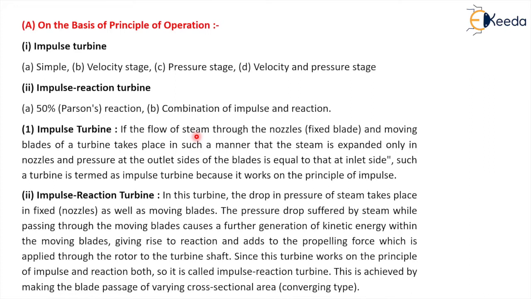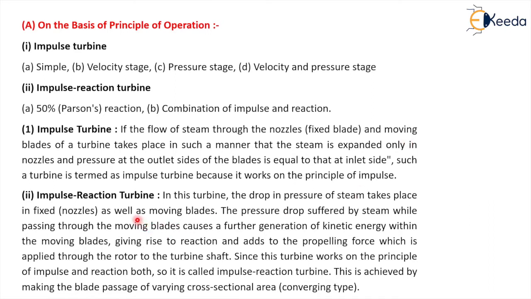So high velocity steam will impinge on the moving blade. Because of that, there is a change in momentum and accordingly the rotor or blade of a steam turbine starts to rotate. This is the principle of impulse turbine.